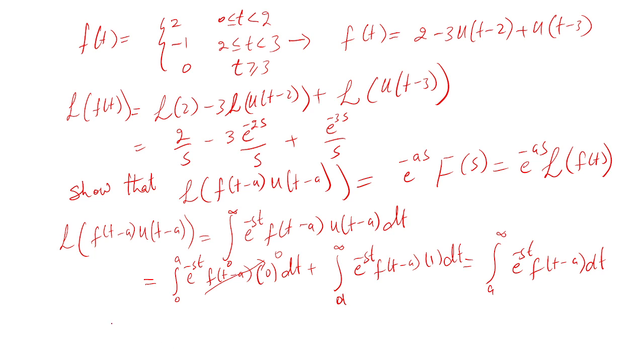Okay, so we take z to be t minus a, so this implies t is equal to z plus a, and take the limits. When t tends to a, z tends to 0, and when t tends to infinity, z tends to infinity. So we will change the limits and the variable of the integral.